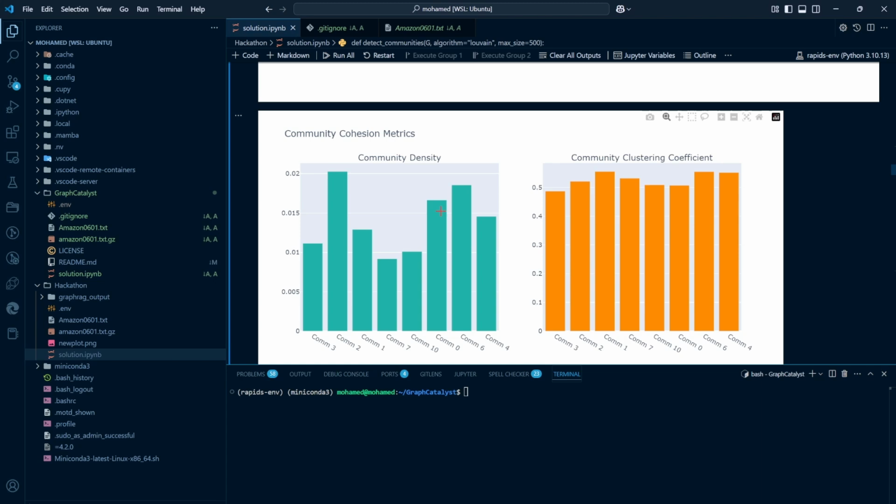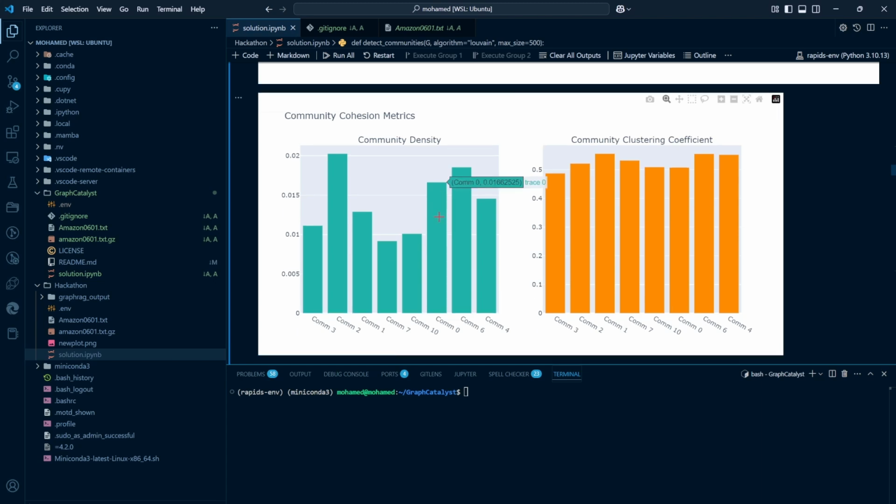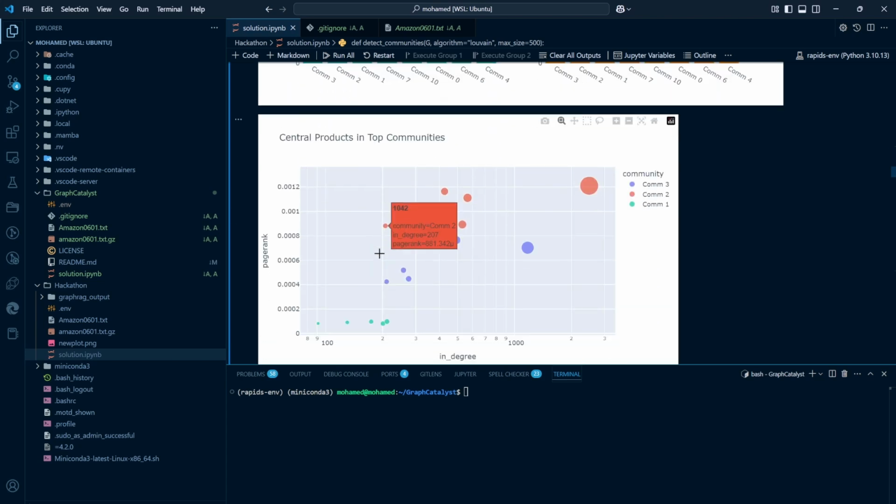These charts show the community density and clustering coefficient. For example, community 2 here has the highest density, meaning products within this community are tightly interconnected. A higher clustering coefficient indicates more complete interconnections within the communities, and these are valuable for bundling opportunities.